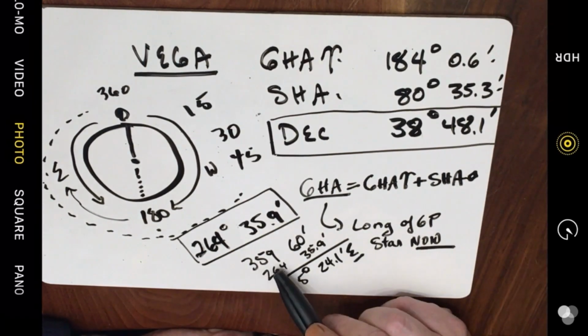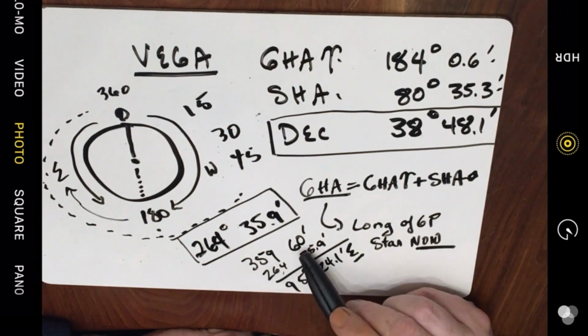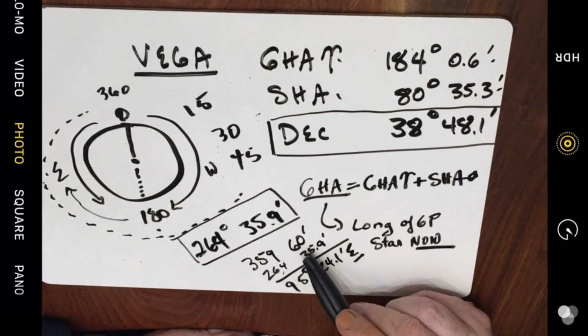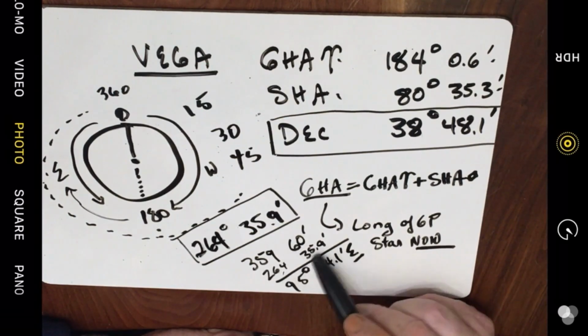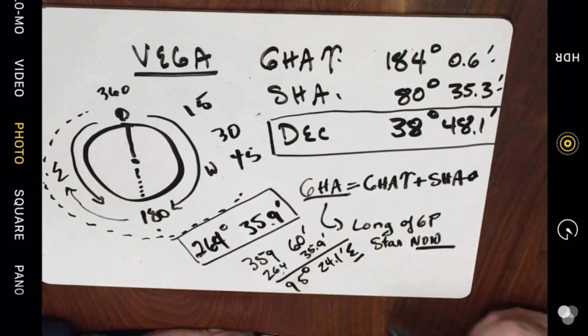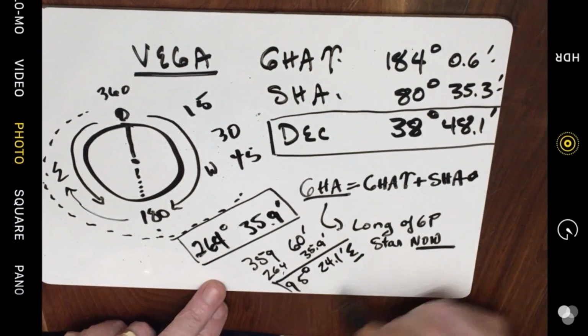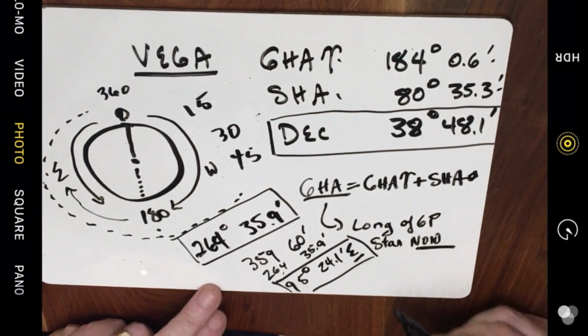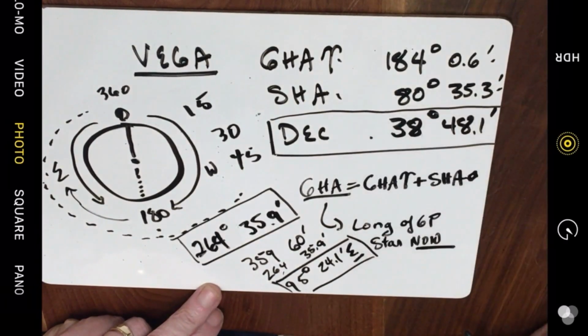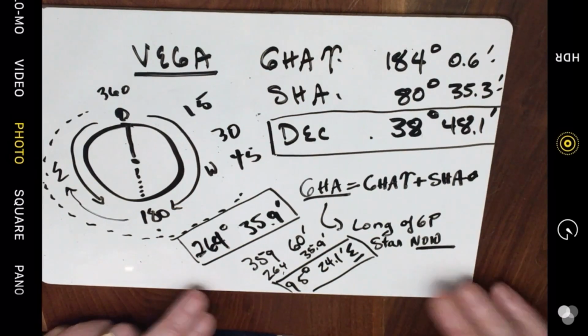The reason we use 359 degrees, 60 minutes, which is 360 degrees, of course, is to just take care of the minutes on the number that we're subtracting from. Just makes it work out easier. So that would be our east longitude. Here would be our latitude, and that's north latitude. That is the geographic position of our star.